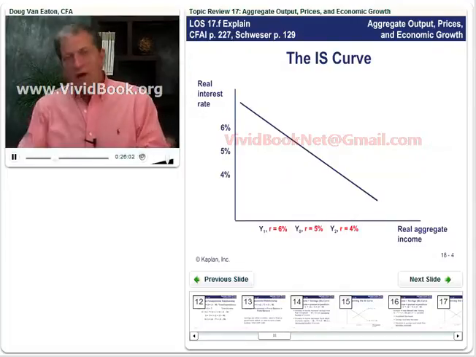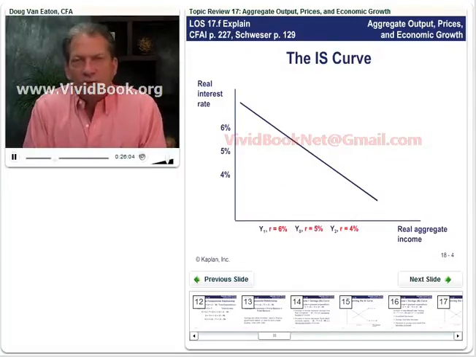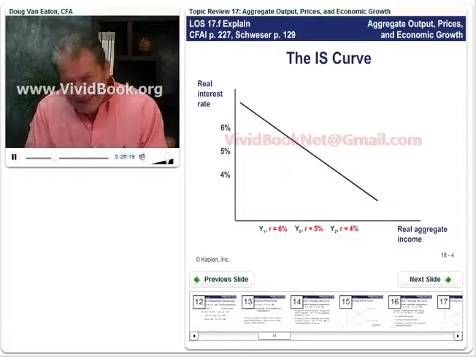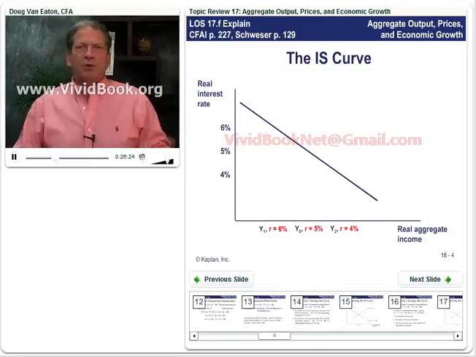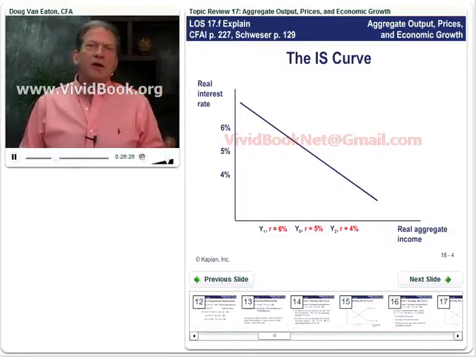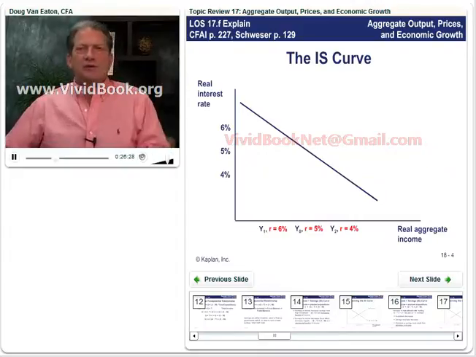Now, if that derivation wasn't too much fun for you, and I can't imagine that it is, your takeaway here is that the IS curve slopes downward. In the goods market, lower real interest rate leads to higher real income. So that's not a hard story to remember. Lower real interest rates spur economic activity in the goods market. So that's our IS curve.